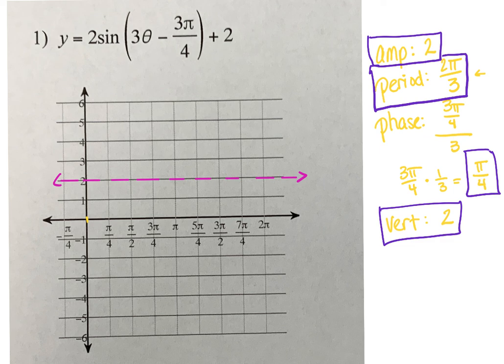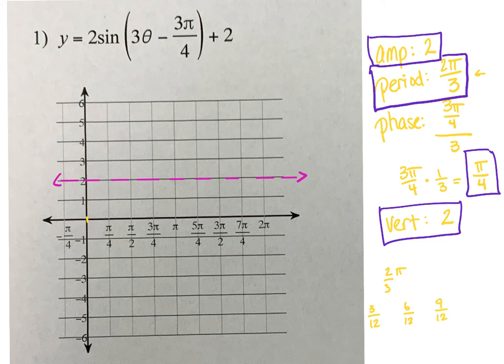Common denominator between 2, 4, and 3 is going to be 12, right? Does that make sense? So I need to know where 2 pi over 3 is, 2/3 pi. So I have 1/4, that's going to be 3/12, right? I have 1/2, that's going to be 6/12, right? And then I have 3/4, that's going to be 9/12.